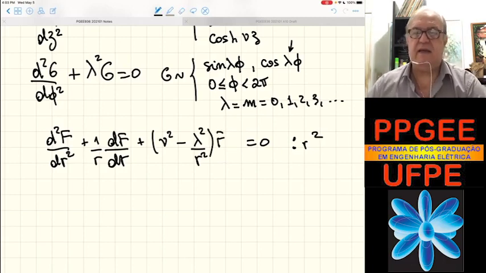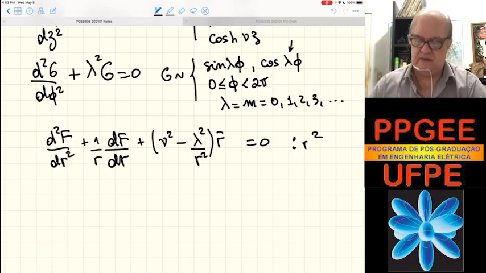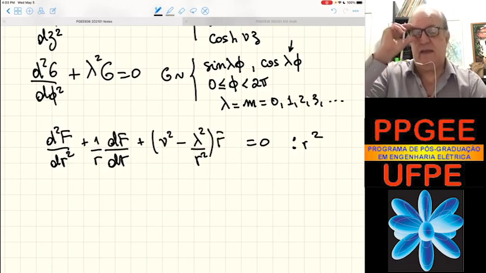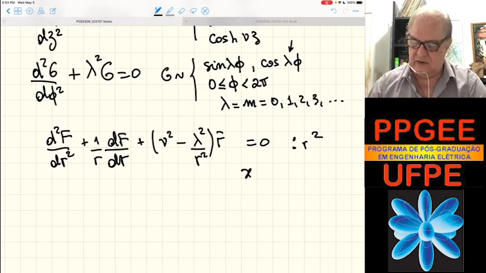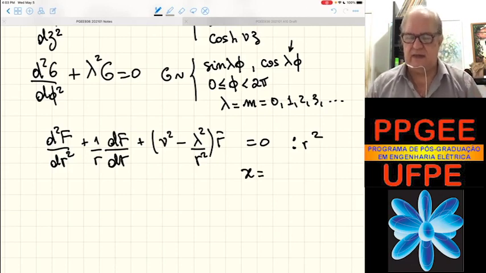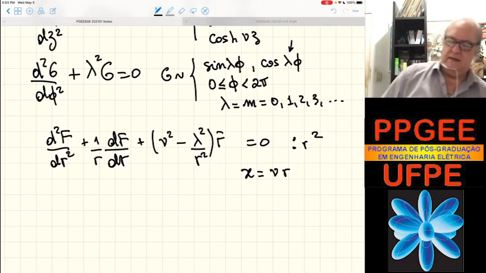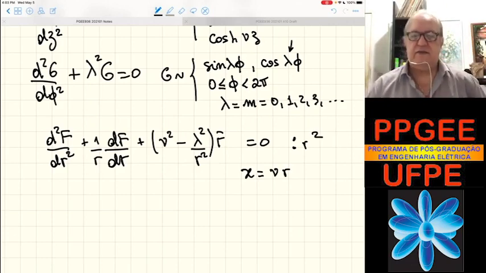And then we make a change of variables as before to normalize the solutions, right? I mean, you're going to use x. X is a variable, it is not the coordinate x. I'm using the same notation as Jackson. Perhaps I have to change to my own notation.